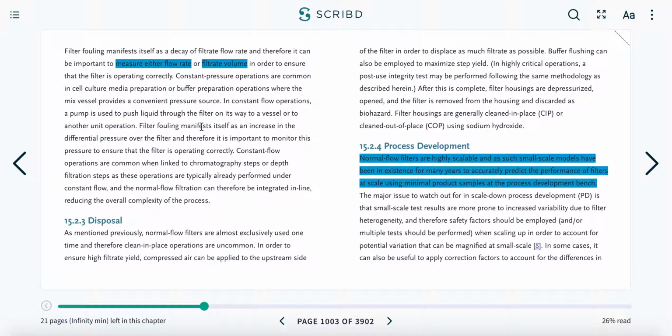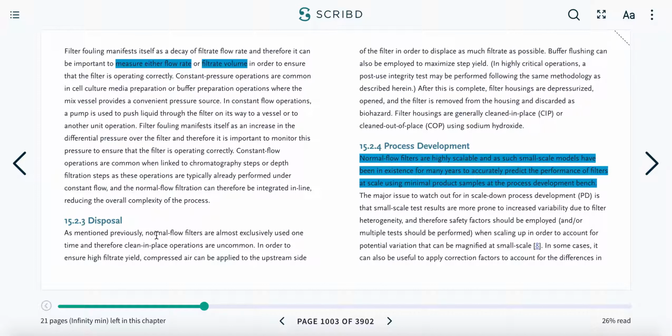For those applications, I think you are better off using constant flow. Constant flow applications are common when linked to chromatography steps or depth filtration, as these operations are typically already performed under constant flow, and the normal flow filtration can therefore be integrated in line, reducing the overall complexity of the process.